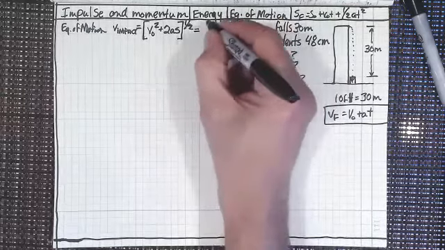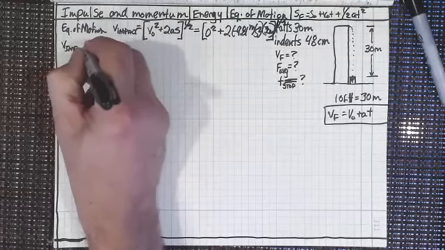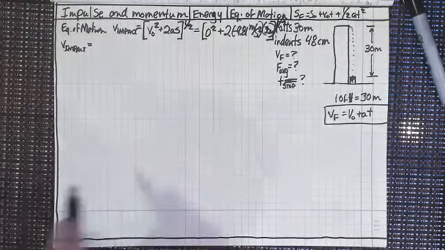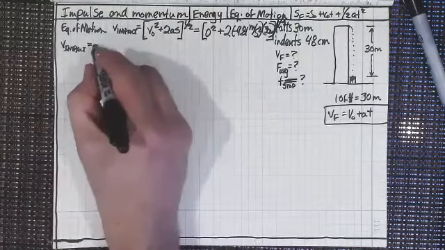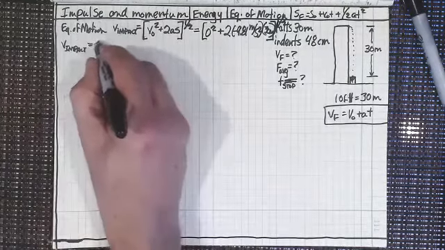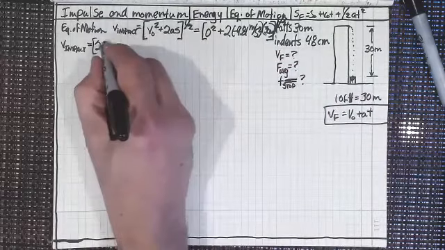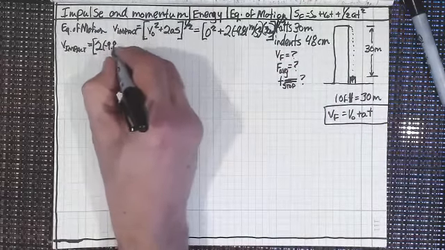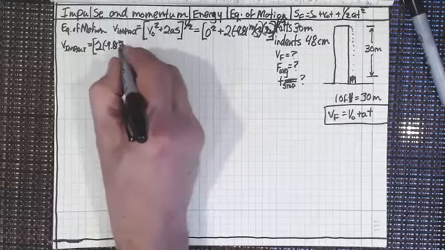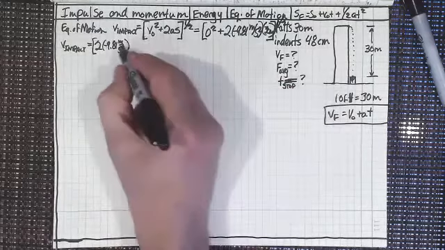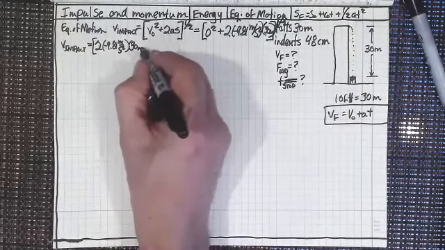But the velocity at impact, right? I'm just going to write this out again: the square root of 2 times minus 9.81 meters per second squared times 30 meters.